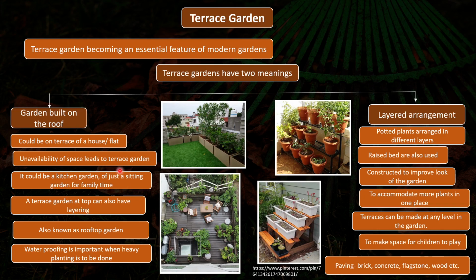So both of these are called terrace gardens, and these are important nowadays since we do not have much space. Space management has become a very important issue in today's time. So during such times we can use terrace gardens.